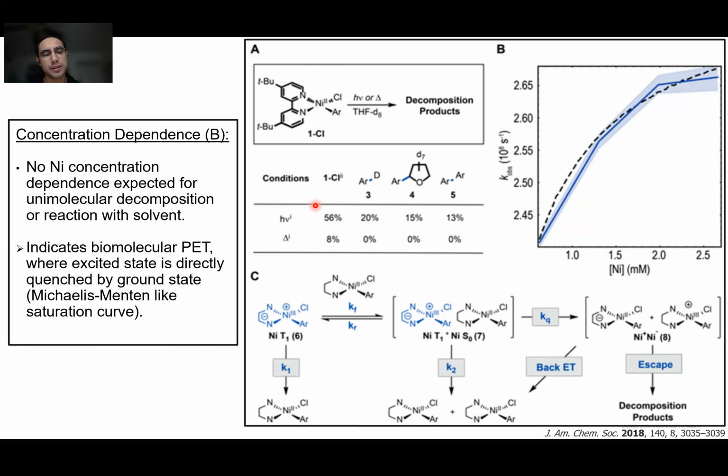And here in this column, they have the percent conversion of 1Cl. You can see that there's not really too much turnover with just thermal activation, but there is some, and you don't really see any of these decomposition products. Then, under the irradiation conditions, you see a much higher percent conversion of this complex to these conversion products.